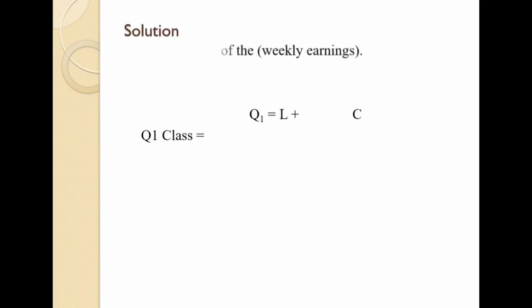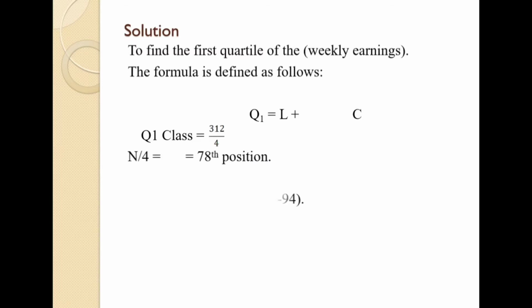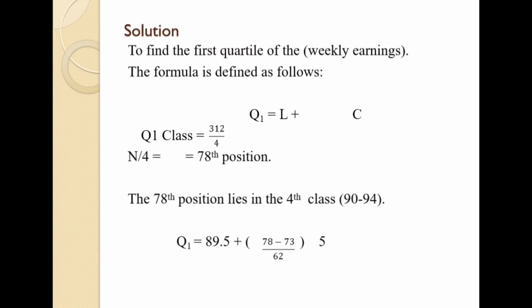So we put it into the formula, and that is how this was arrived at. The 78th position lies on the fourth class between 90 to 94. The lower class boundary of that class is 89.5, as explained from the table. The N over 4 is 78.